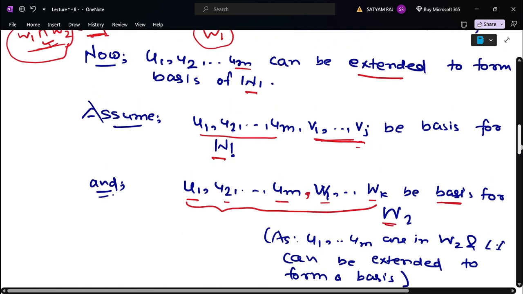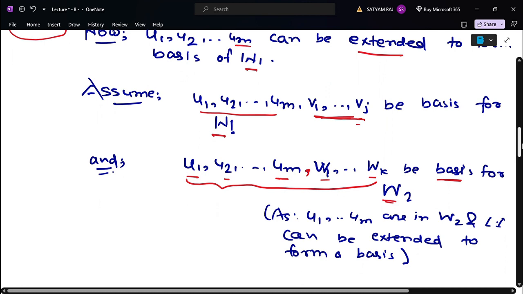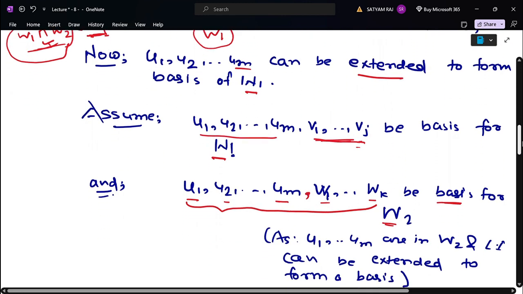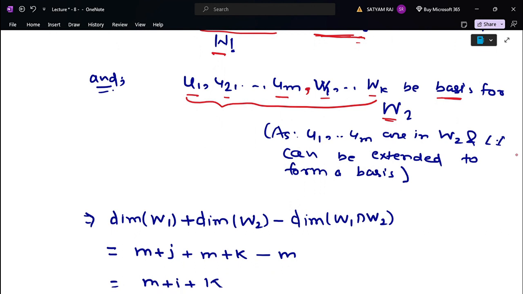We are doing extension here. We have a linearly independent set and we are extending it to a basis of some vector space. So u1, ..., um are in W2 and linearly independent, so it can be extended to form a basis.